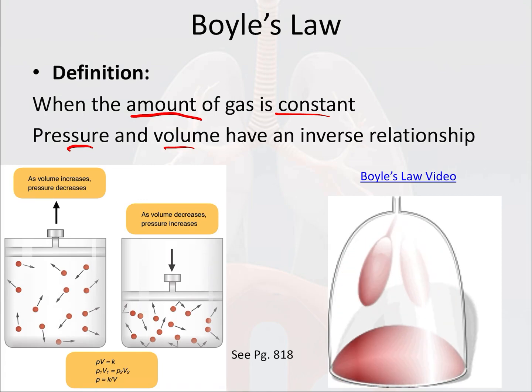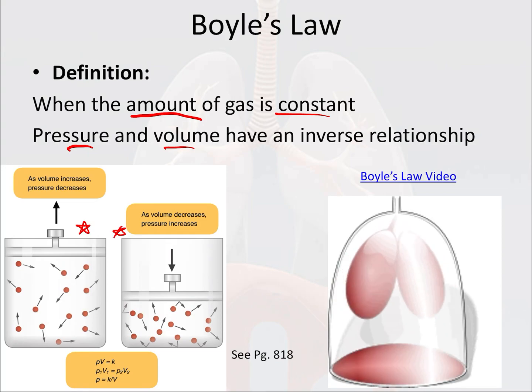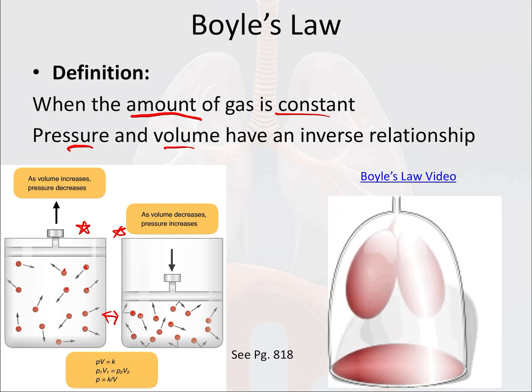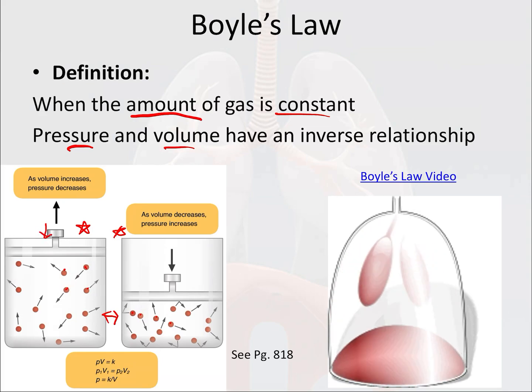So we take this little beaker, fill it with a certain amount of air. Okay, it's the same amount of air total. If we counted these little air particles, it will be the same number on each side. Okay, we have this piston up here that can push down or pull up.